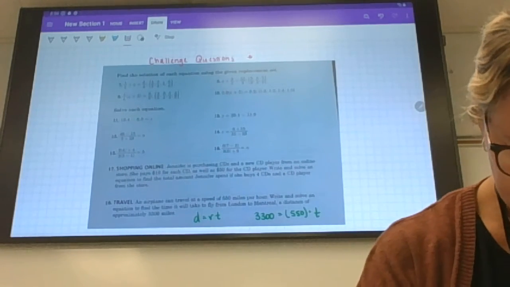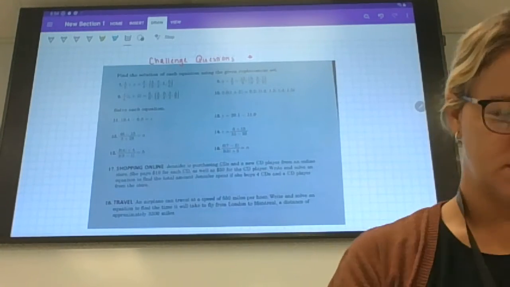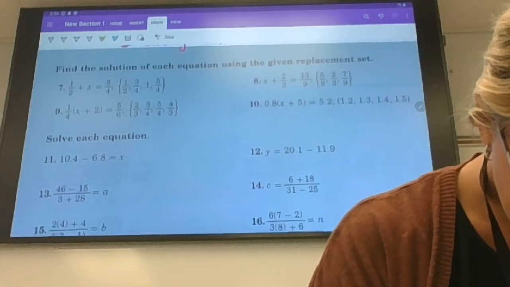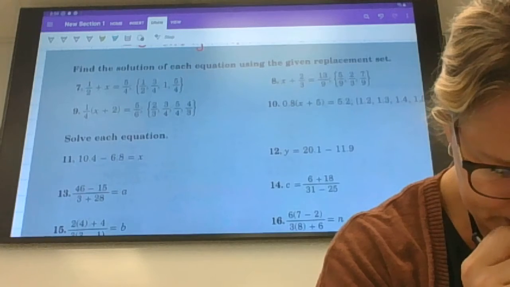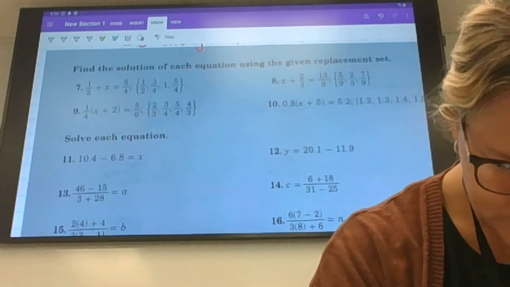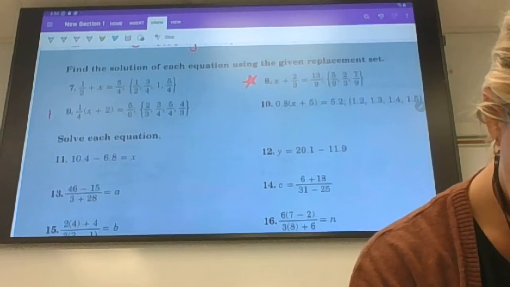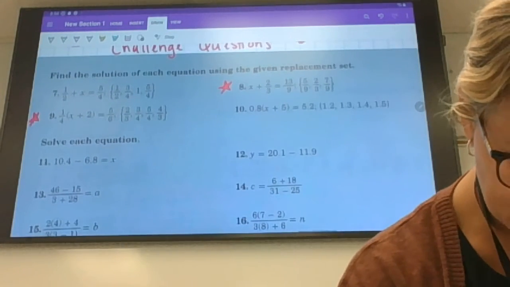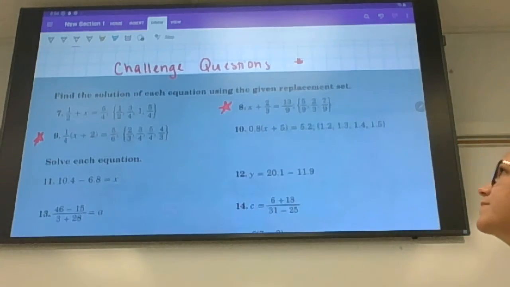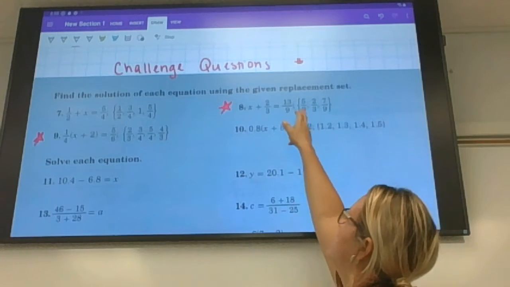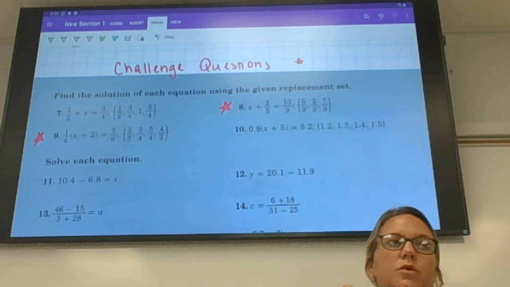Okay, now I want to challenge you guys to try some with fractions. So you can do this in your notebooks. I want you to try 8 and 9 on your own. Try some fraction problems. Try number 8 and 9 challenge questions. So start with this one. You're going to try plugging in the fractions here, and this is why we did a fraction warm-up.